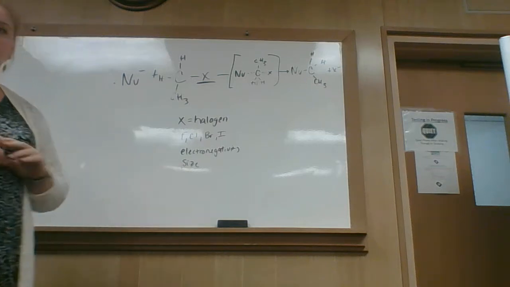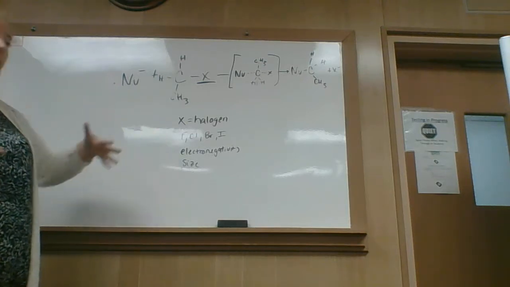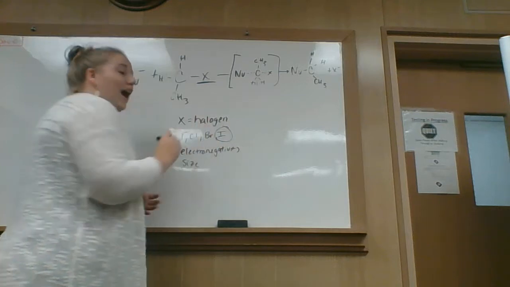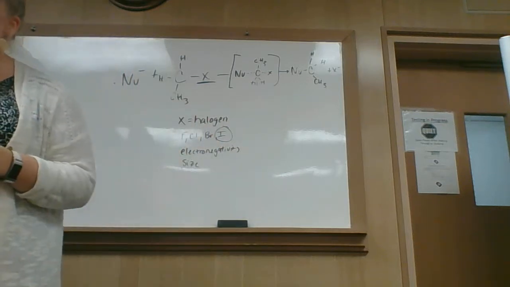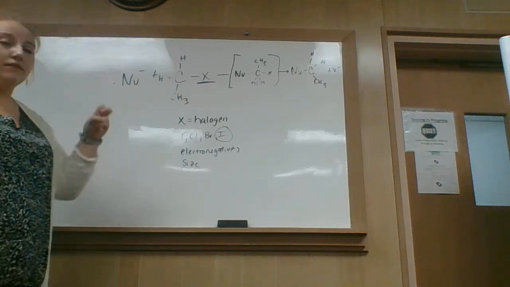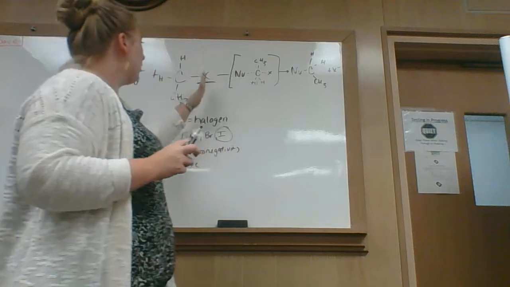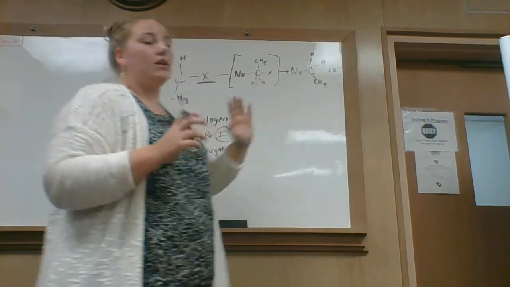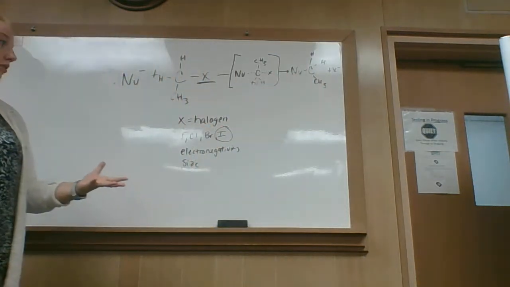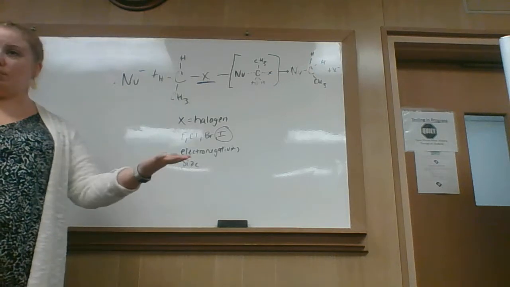Which one of these is the largest? What size? Yes. Iodine. Iodine is the best leaving group. Another way to think about it, so leaving group, we want this halogen to come off of this alkyl halide. So it needs to be able to break off. When we're talking about acids, the strength of an acid is determined by how well it breaks apart.